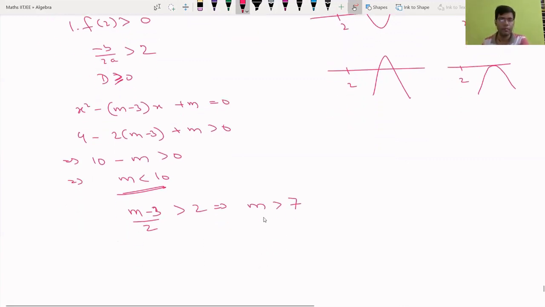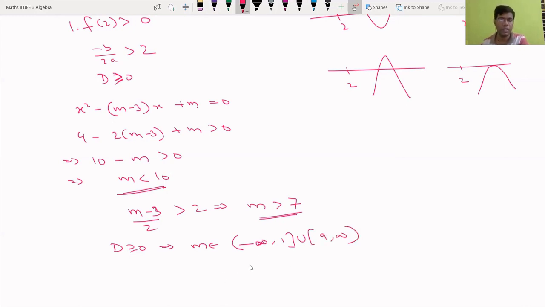And my third condition will be discriminant greater than or equal to 0, which implies m belongs to minus infinity to 1 union 9 to infinity. So if we take the intersection of all these three conditions, let's draw this, this is 7, this is 9, this is 10, and this is 1. So it has to be less than 10, and it has to be greater than 7.